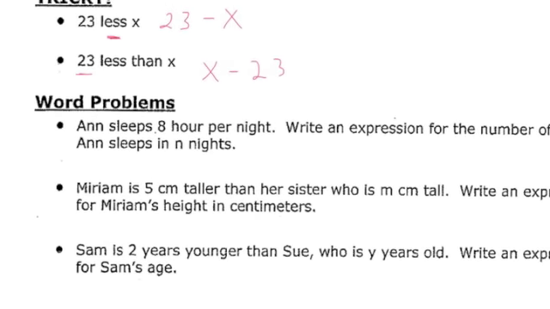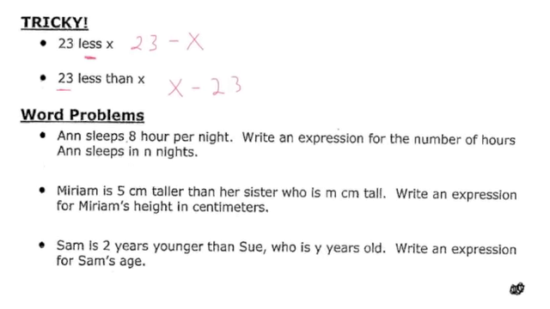Alright, let's try some word problems. It says, Anne sleeps 8 hours per night. Write an expression for the number of hours Anne sleeps in a night. Anne sleeps 8 hours per night, and that's what we need to change to an expression. So she sleeps 8 hours.